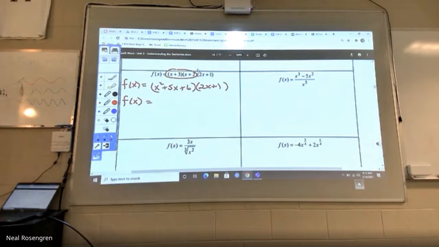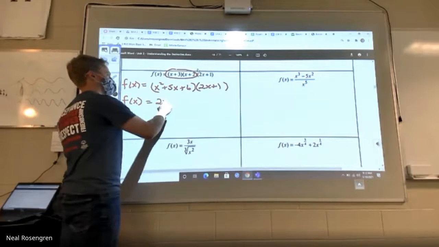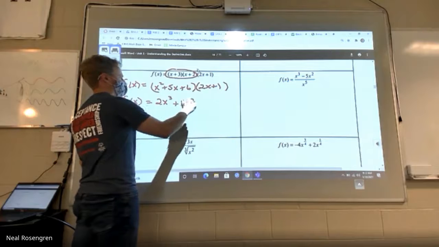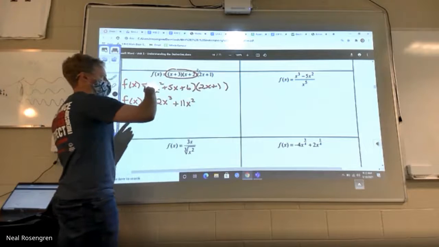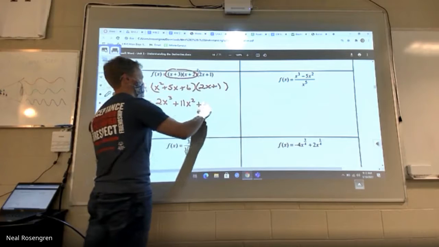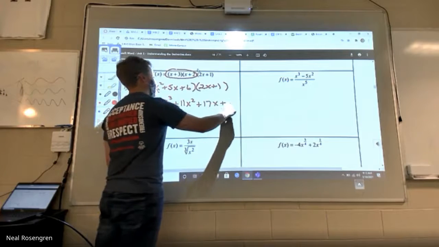Now we'll multiply that. So go ahead, give it a shot. See if you can distribute well enough to get yourself to the simplest version of this answer. And hopefully you got it.